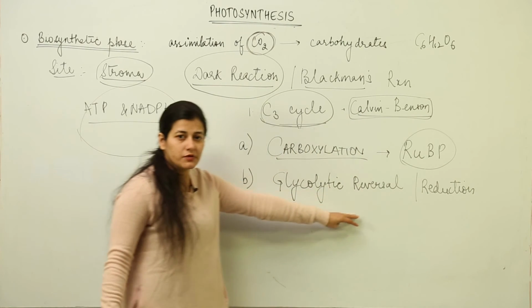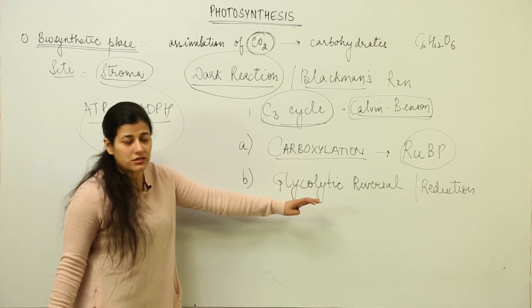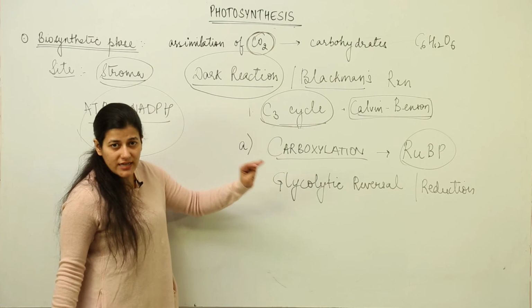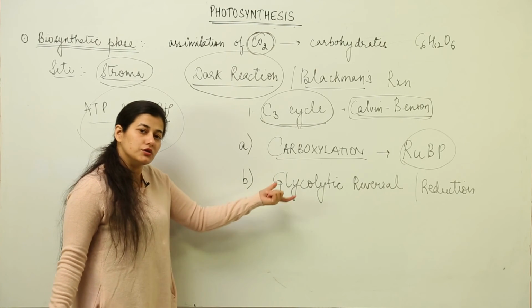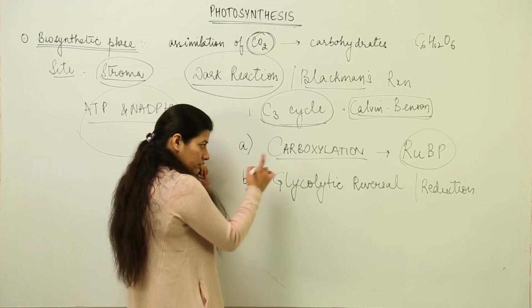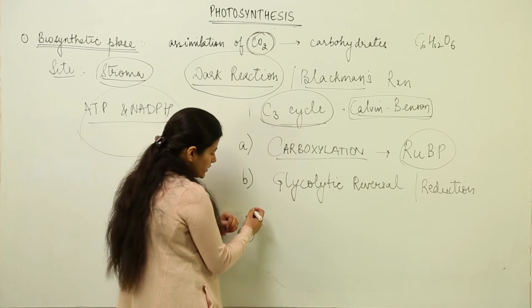Because you are now well aware from your knowledge of class 11 what glycolysis is. So there are a few steps where the glycolytic reversal takes place and the formation of glucose is seen. Then glucose is formed, we have got our outcome that we were talking about.